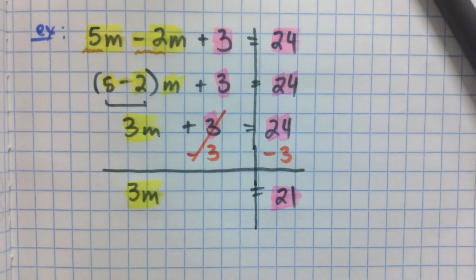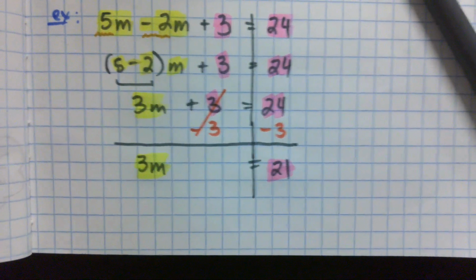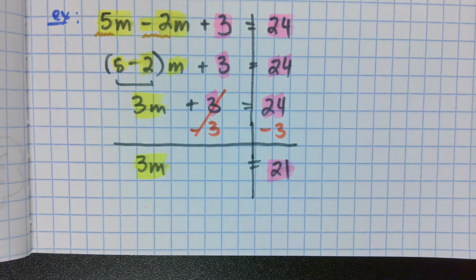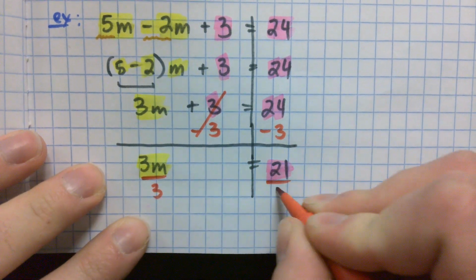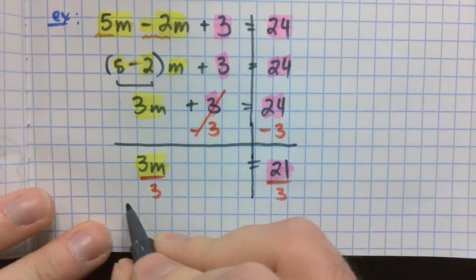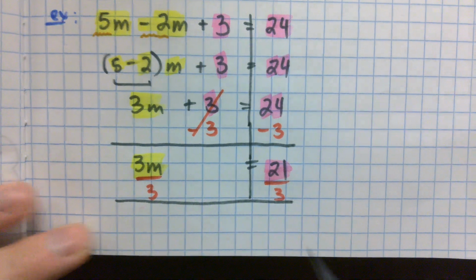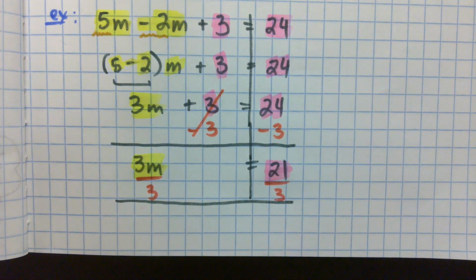So my new constant term on the right is 21. My sole variable term on the left is 3m. Last thing I need to do is what? Divide both sides by 3. What happens with these 3's on the left?